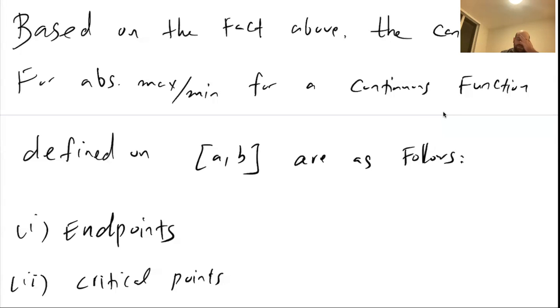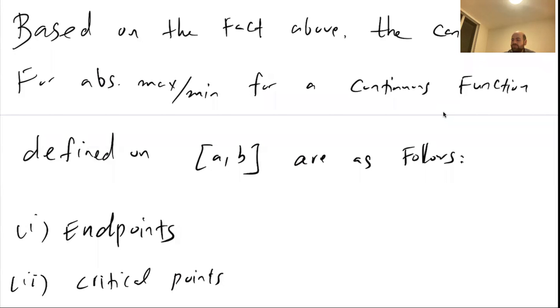Therefore, I just need to find the outputs corresponding to the values that I find in 1 and 2 here. The biggest output will give me the absolute max. The smallest output will give me the absolute min.